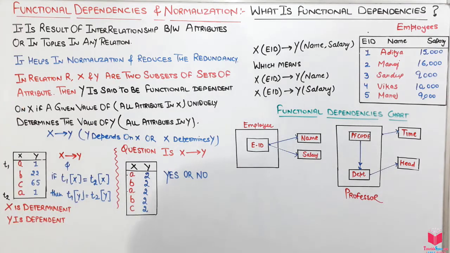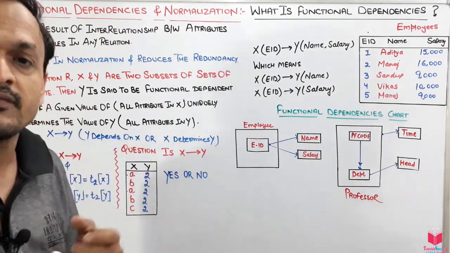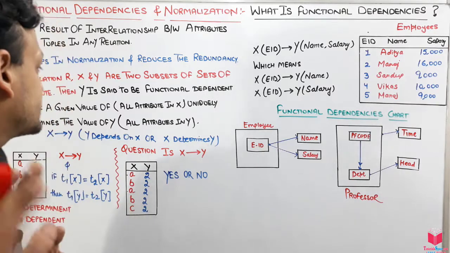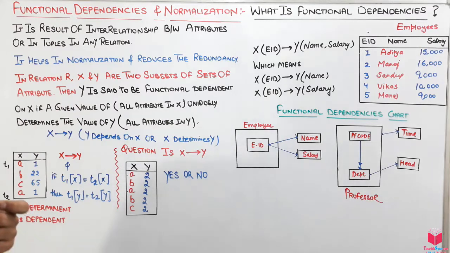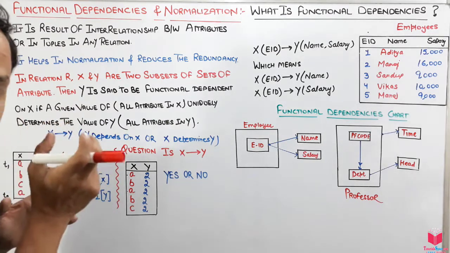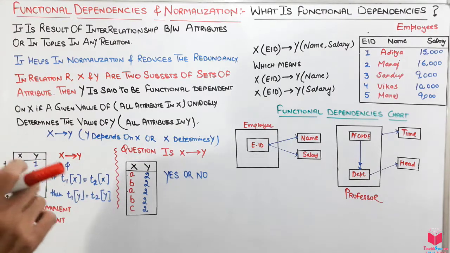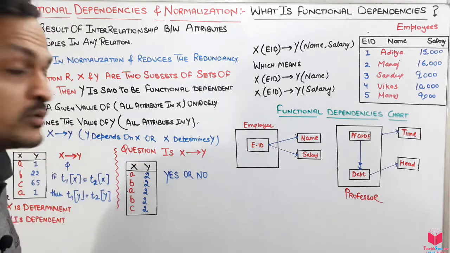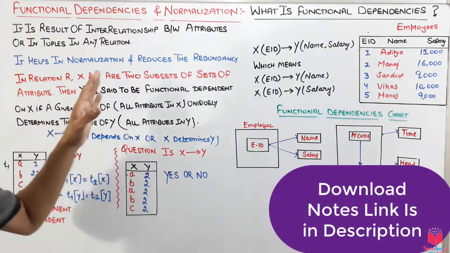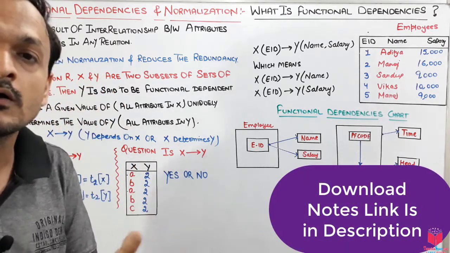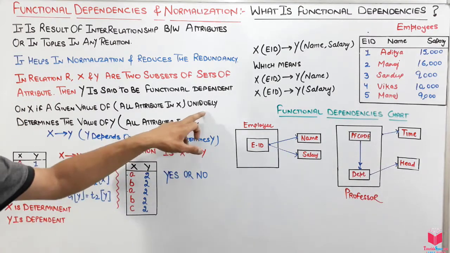That means all the values of the X attributes uniquely identify or determine the value of all the attributes in Y. Then we say that Y is functionally dependent on X, only when we get a unique value.